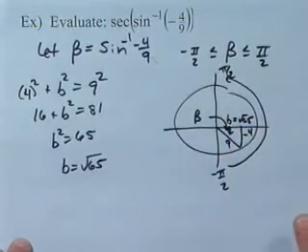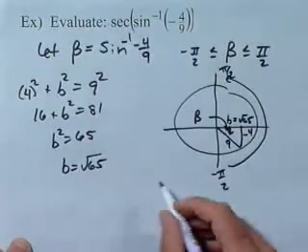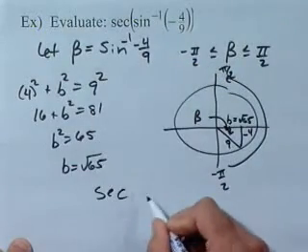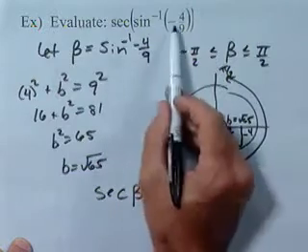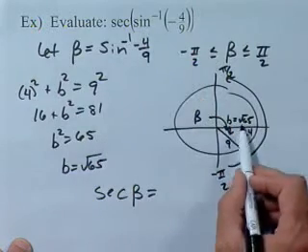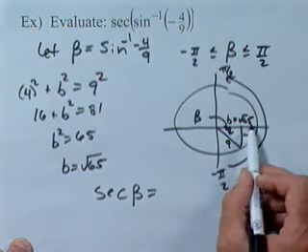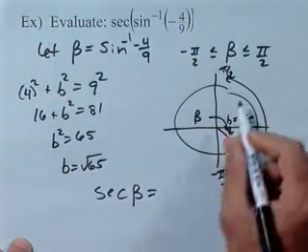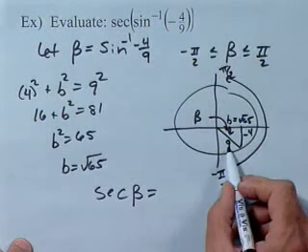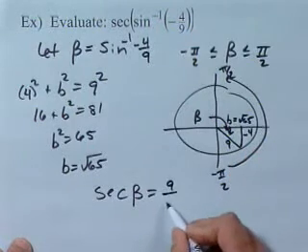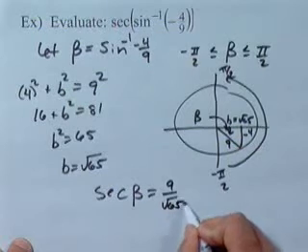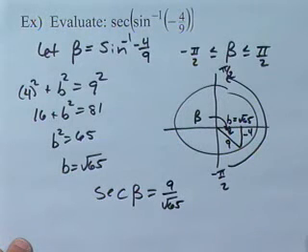Okay? So we now know all the sides of my triangle. So secant of beta must be adjacent, which is square root 65. No, excuse me, hypotenuse over adjacent is secant. So we have 9 over square root 65.